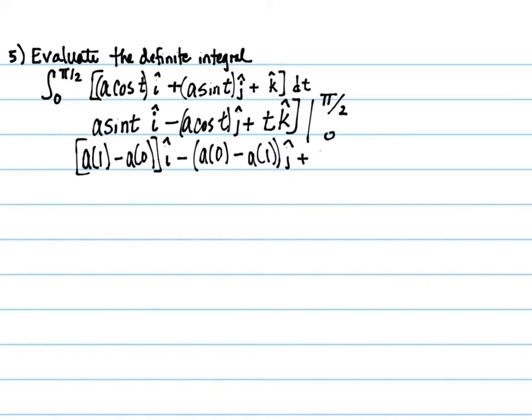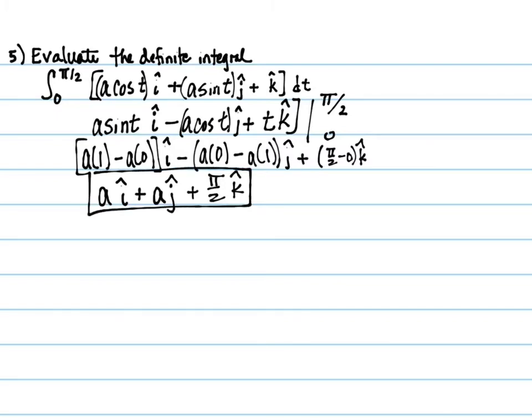Okay, so pi over 2 minus 0, and that's k. There we go. Okie dokie, and simplifying, I end up getting a i plus a j, and plus pi halves k. And this would be my definite integral vector.